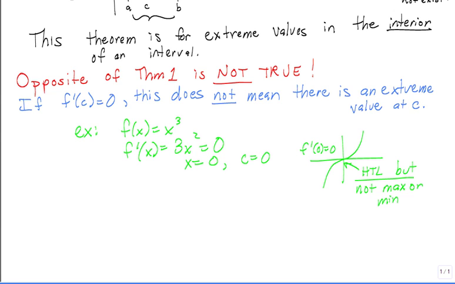Let's look at the next theorem, and I'll show you what we need all this for. Next theorem is Theorem 2. Before I get to this, I won't state the theorem yet. Here's a question.